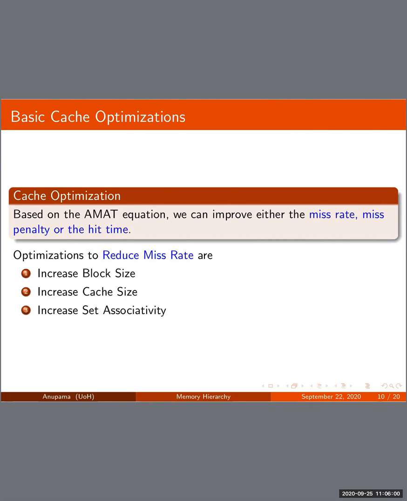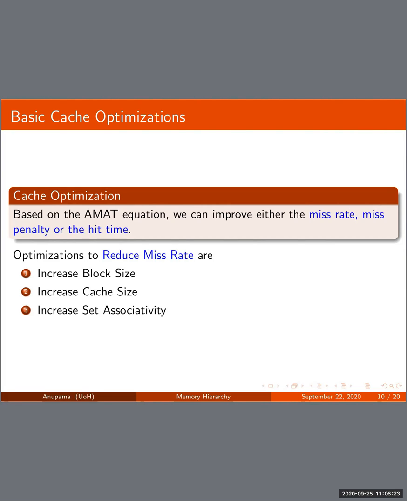So we started discussing the basic cache optimizations in the last class, and we discussed these three which reduce the miss rate, which is increasing block size, increasing cache size, and increasing set associativity. Right?